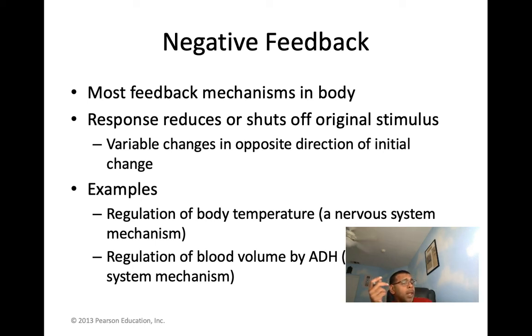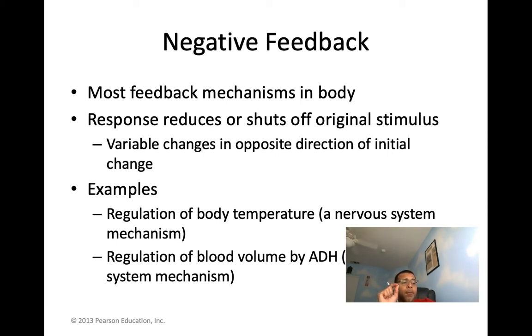Now, I'll give you a non-biological example: a home heating system connected to a temperature-sensing thermostat. The thermostat houses both the receptor, which is going to be the thermometer, and the control center.